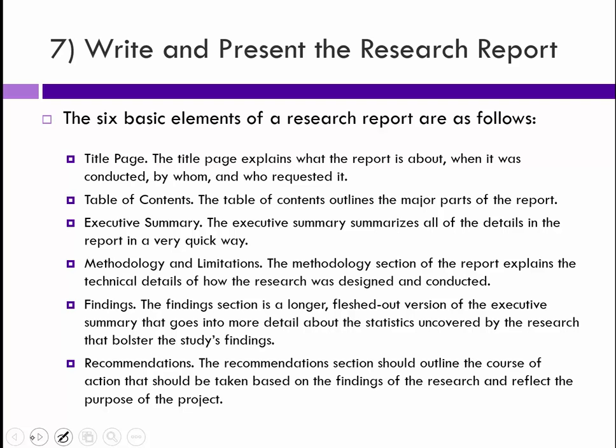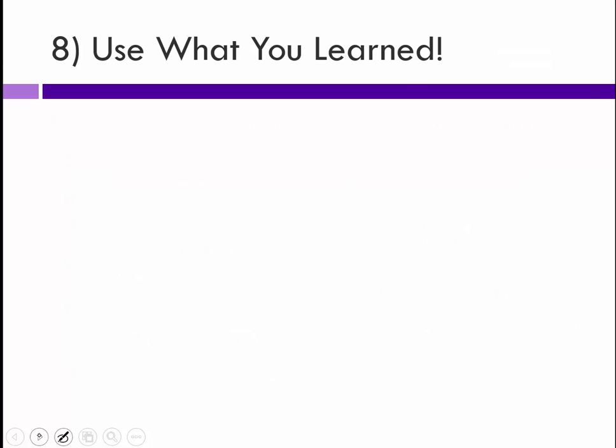And then the last step that your book has is to write and present the research report. And so they have all these things. Don't forget the recommendations. This is an important part that sometimes people leave out. They just say, here's a bunch of data, but we really need to write recommendations. And then the last step I'm going to put on here is use what you learned.